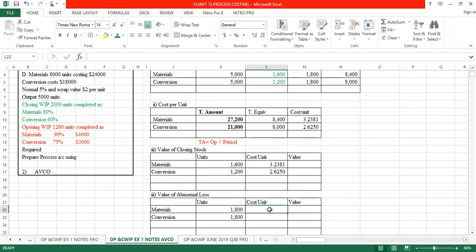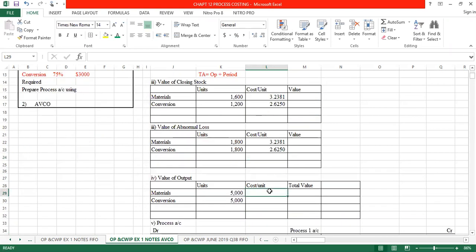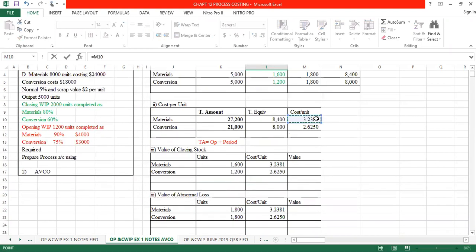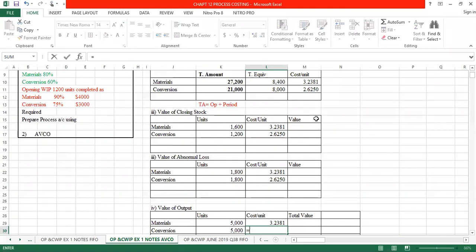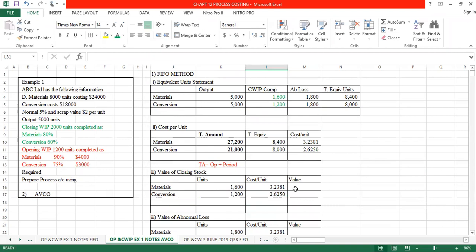You have already calculated it. So finally, it is this times that, you get the total. The next one is this times that, you get the total.